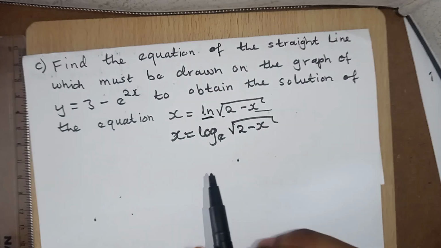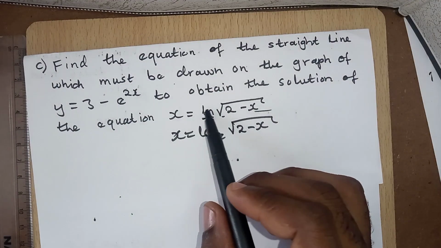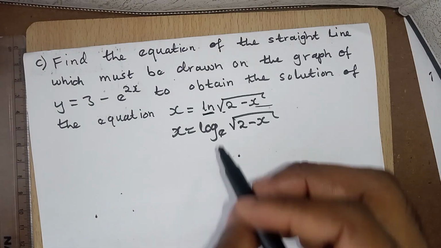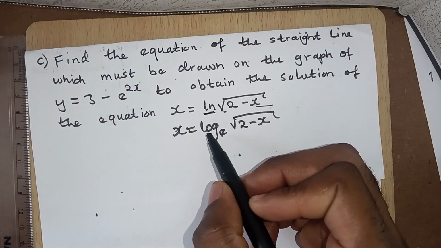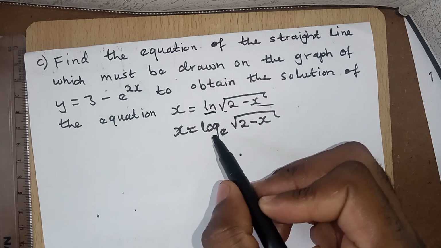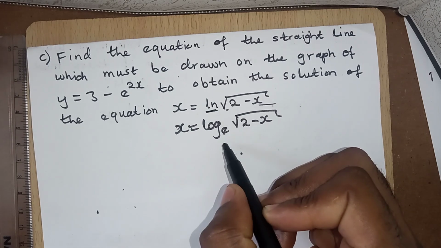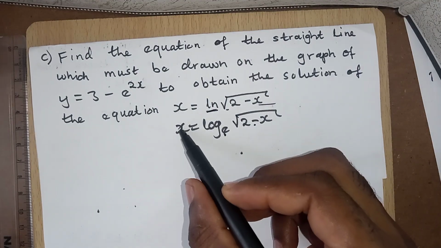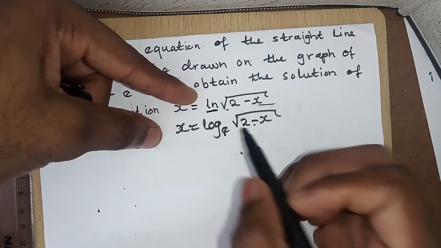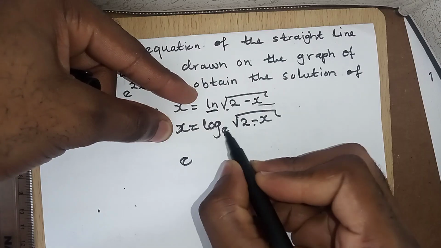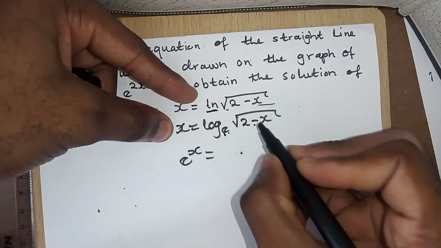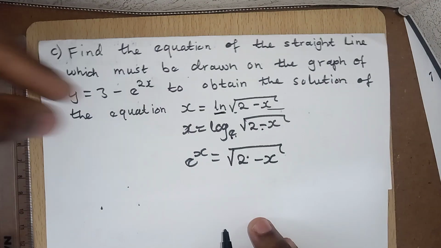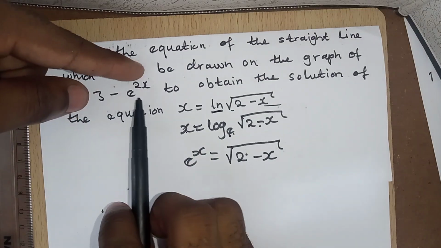So now to get rid of the log or the natural log, I'll write this in exponential form. If I was to read this in English, this would be to what power should I raise e to get this? And the power is this. So in mathematics, this is like saying e to the power x is equal to the square root of 2 minus x. So far, so good.